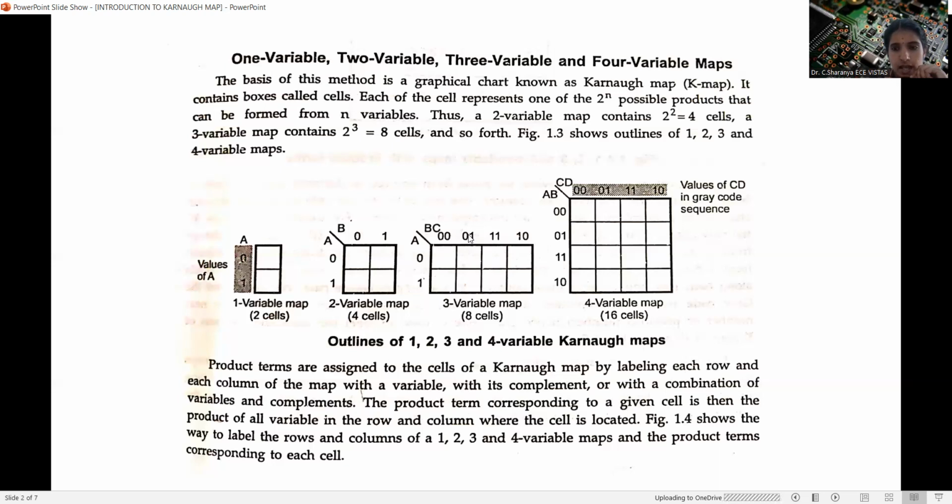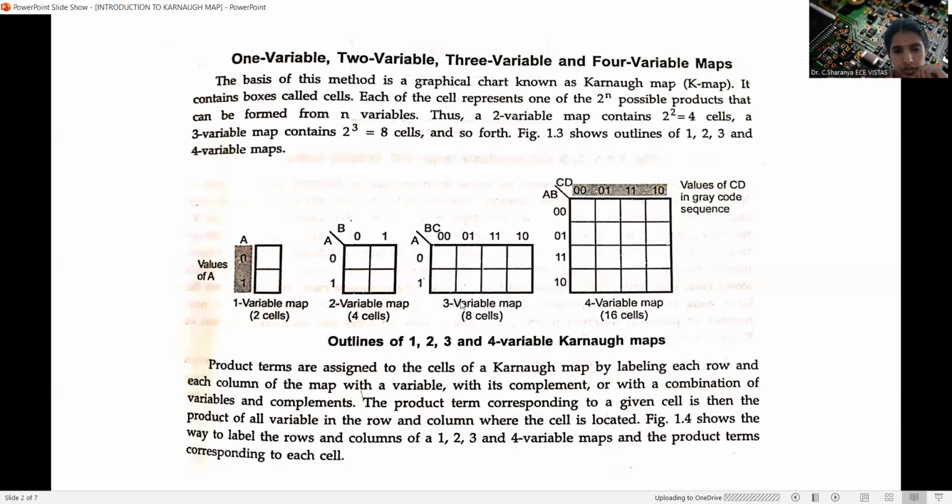That is, it doesn't allow a 2-bit change at a single time. Suppose we are changing from 0 1 to 1 0. Both the variables, the first bit and the second bit, will be changing. 0 will turn to 1 and 1 will turn to 0. That 2-bit change is not allowed in a K-map. Hence we follow the gray code sequence, which is 0 0, 0 1, 1 1, and 1 0.